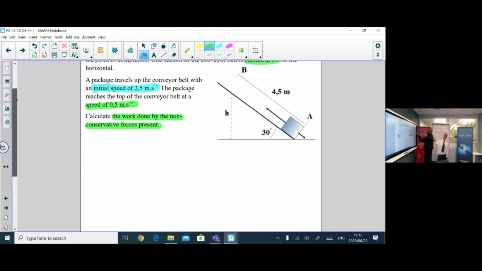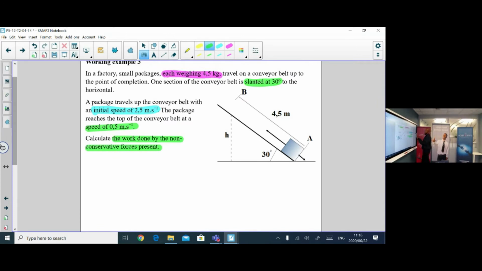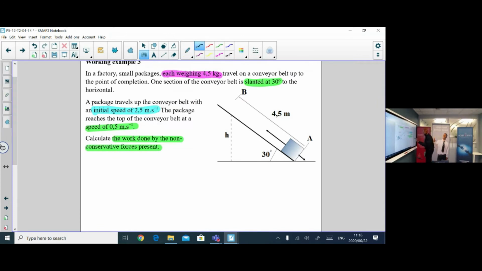What I'm going to do now is write down the data of this given information. Let me take this pen. Data.